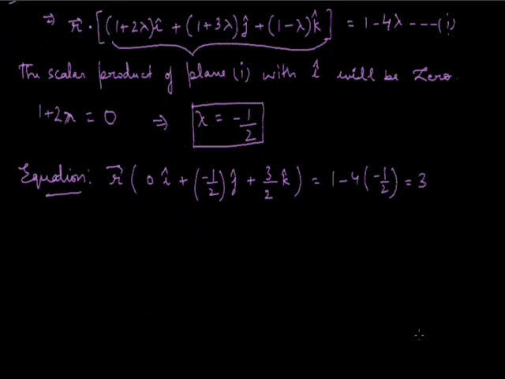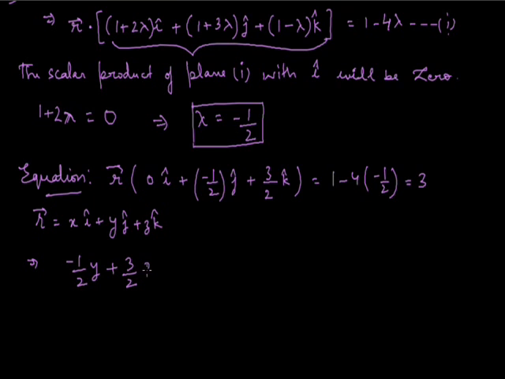To simplify it, assume that r vector is equals to x i cap plus y j cap plus z k cap. When you put this value over here, you will get minus 1 by 2 times y plus 3 by 2 times z equals to 3.